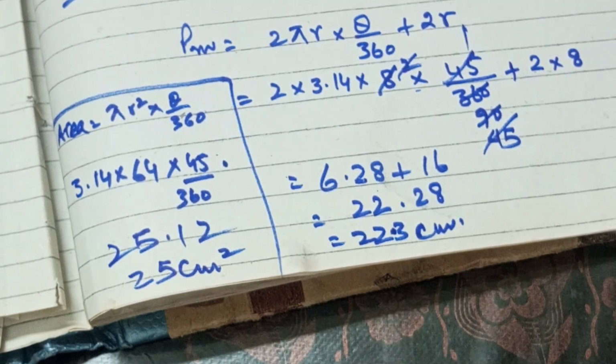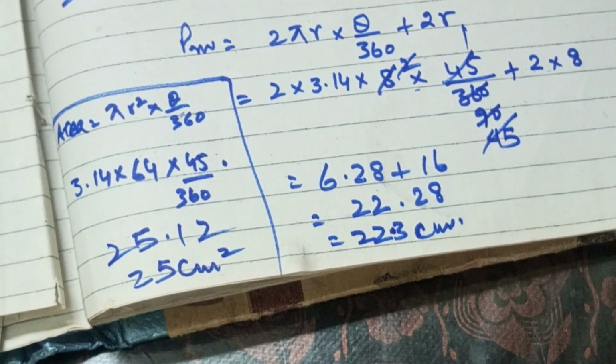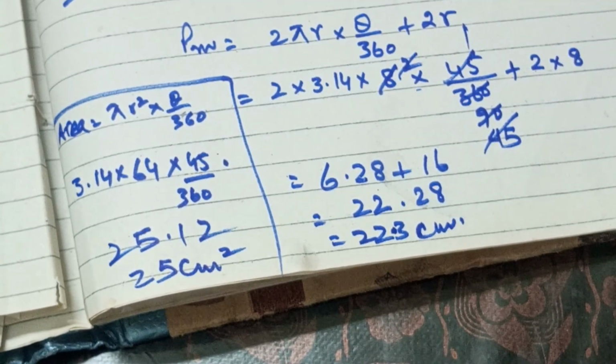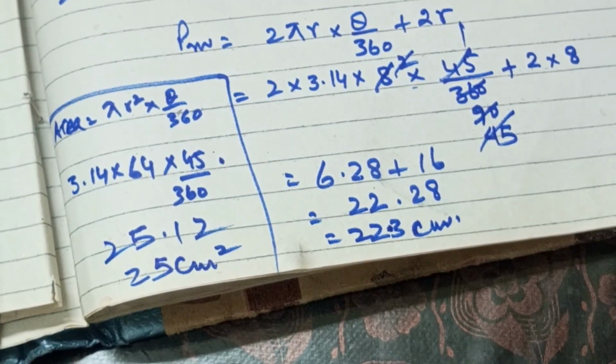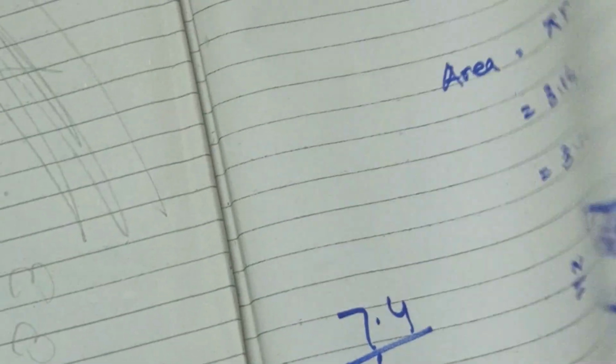My dear student, now proceed to another question. I think you will be able to do part C, but let me cover part D now, because that is a half circle.